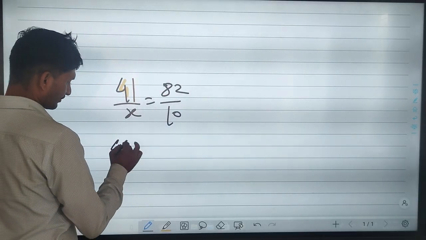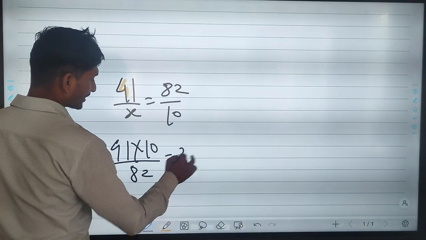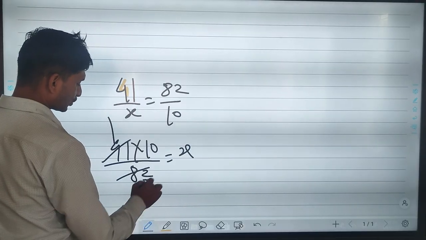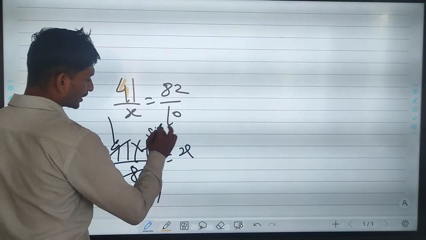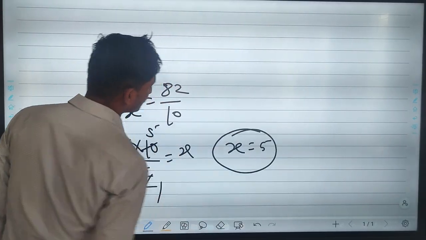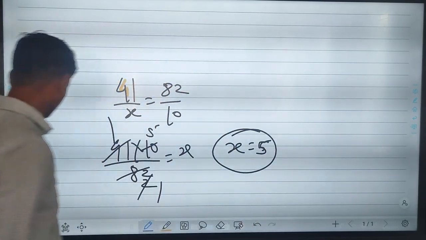Here we write 41 into 10 divided by 82 is equal to x. 41 twos are 82, and 2 fives are 10. Then x is equal to 5. Your value of x is 5.